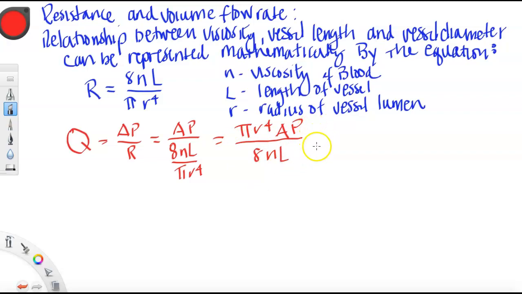That is an actual equation. It's called Poiseuille's equation. It's an equation that has to do with fluid dynamics, and it's basically volume flow rate.